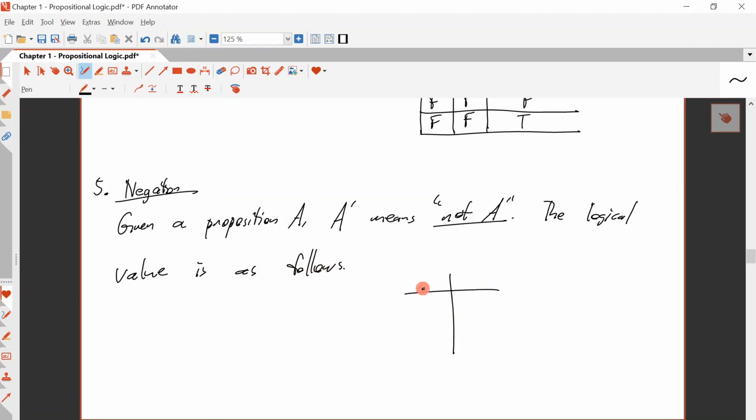You have one proposition A, which is either true or false, and then not A has exactly the opposite truth value. False and then true.